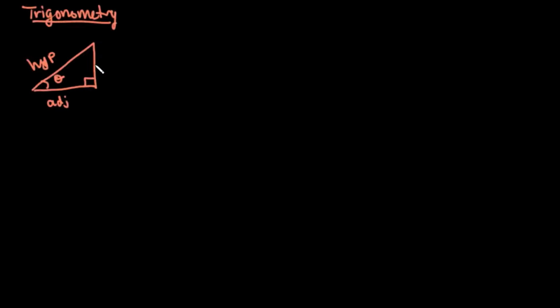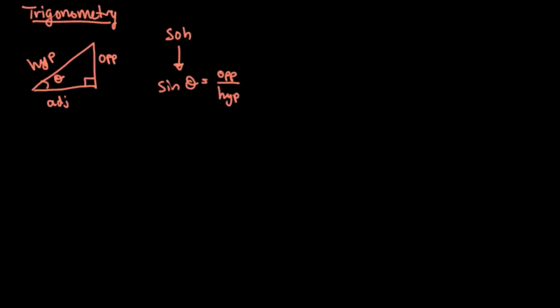And this side that is opposite the angle is called your opposite side, abbreviated as OPP. Depending on the sides that we're given or the angle, we can do a number of calculations to determine our missing values.